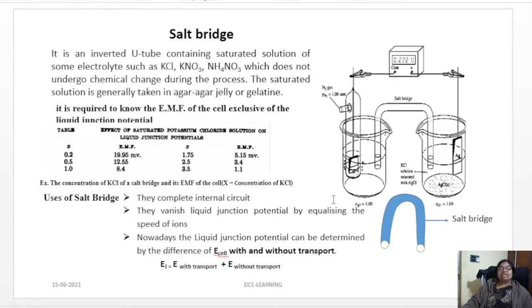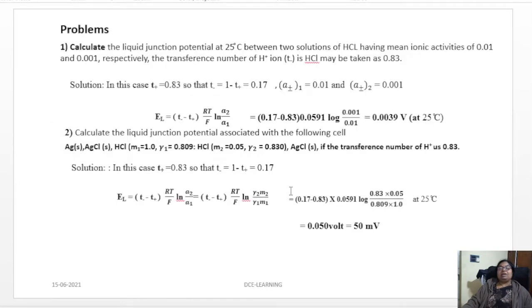I mean to say, you have to use the corresponding salt bridge for the electrolytic solution. So the salt bridge completes the internal circuit and eliminates the liquid junction potential by equalizing the speed of the ions. And also, nowadays the liquid junction potential can be determined from the difference with and without transference numbers.